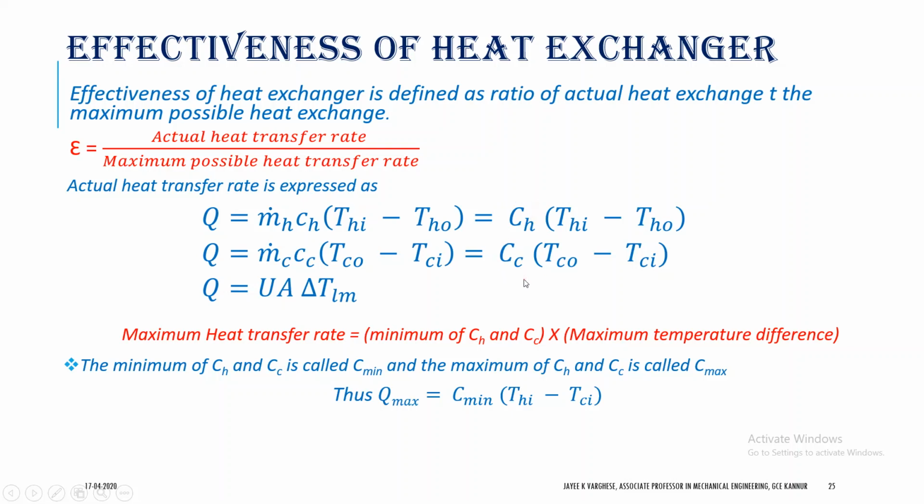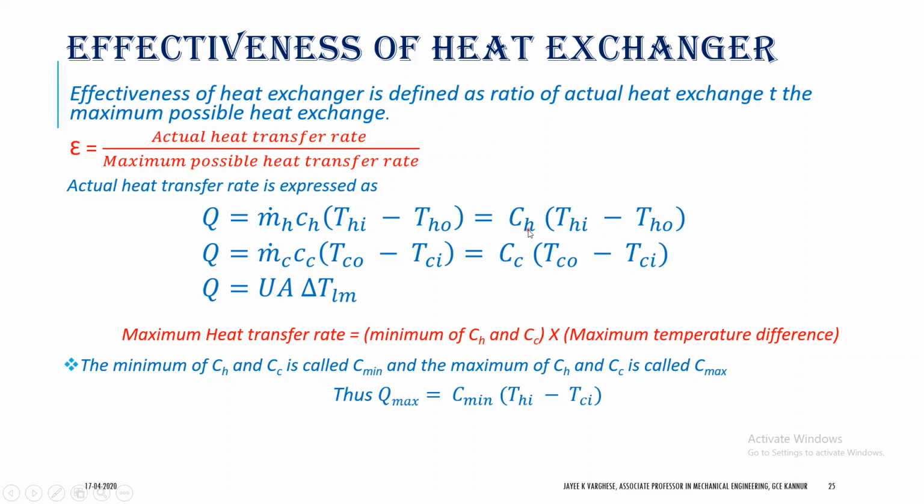In that case, in order to keep the products equal, if Ch is more than Cc, then Thi minus Tho should be less than Tco minus Tci.